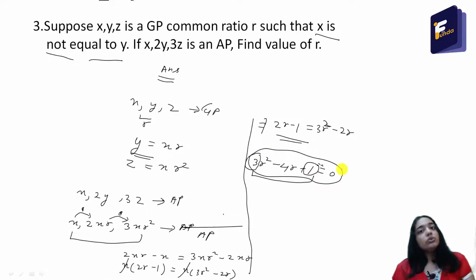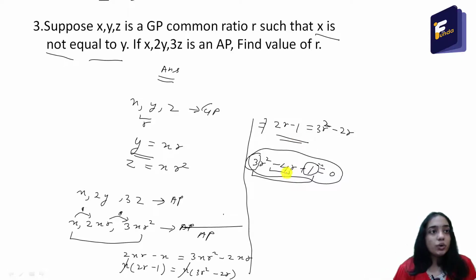And by adding those numbers, you will get minus 4. So what are the two numbers? They are minus 3 and minus 1. Minus 3 into minus 1 is 3, and minus 3 plus minus 1 is minus 4.